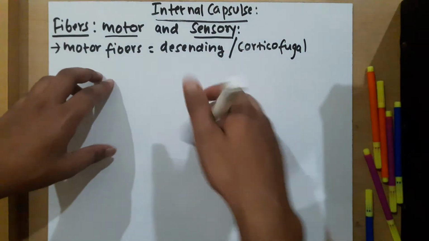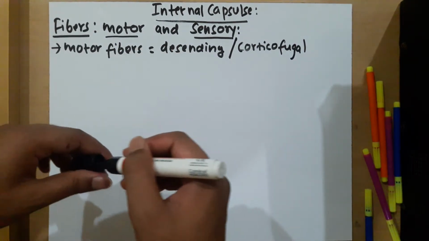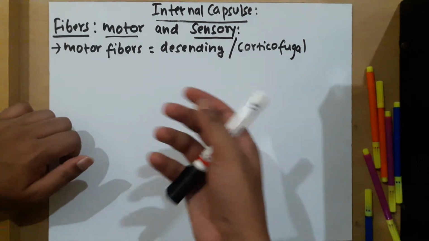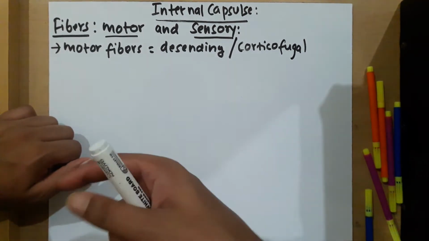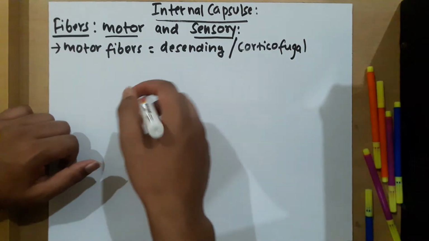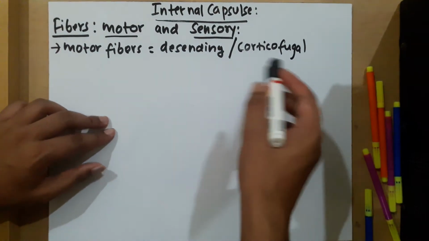It is obvious that the motor fibers supply impulses to the effector organs, like skeletal muscles, so that they can take actions. It is running away from the cortex, so corticofugal.